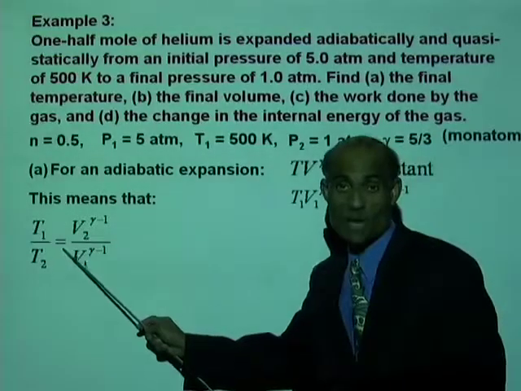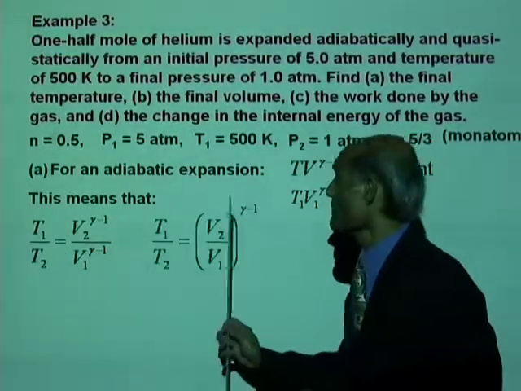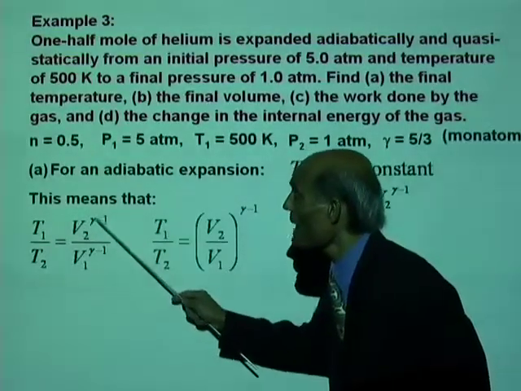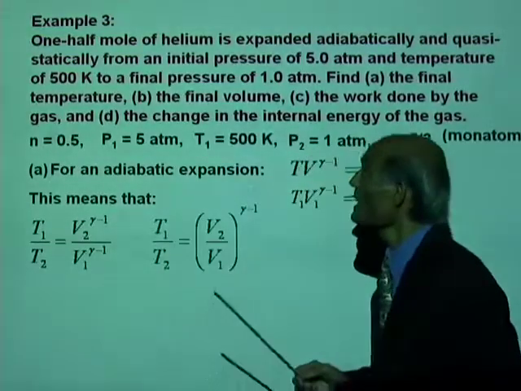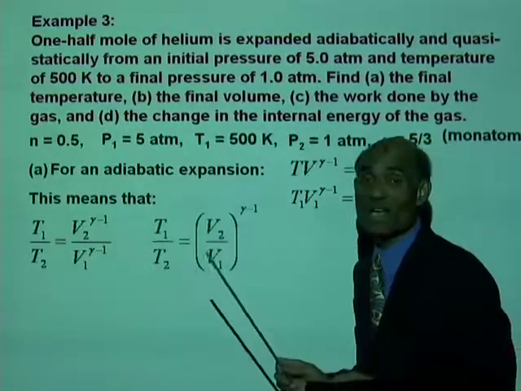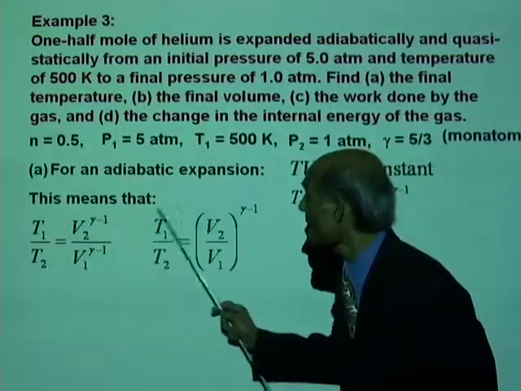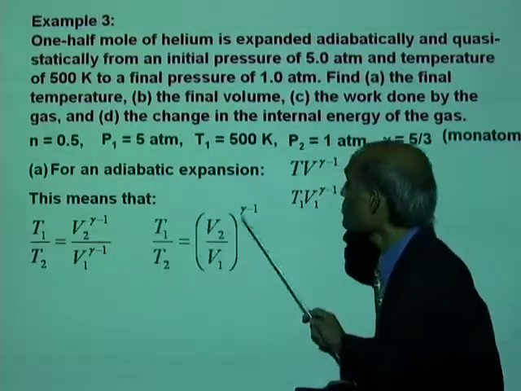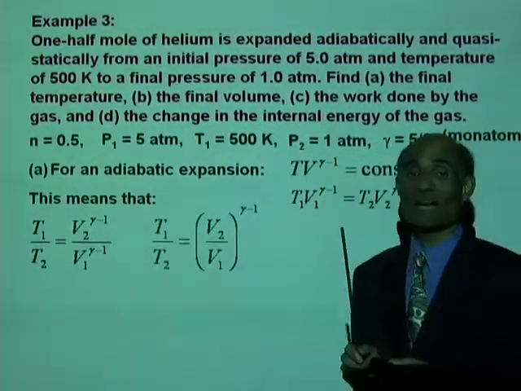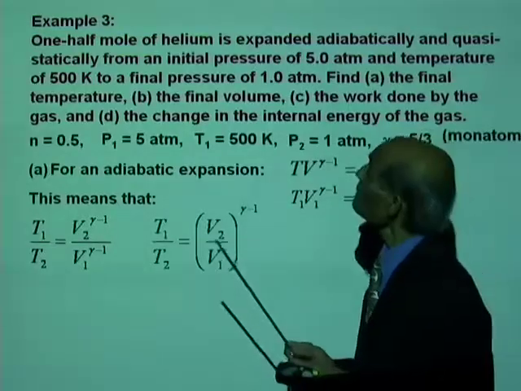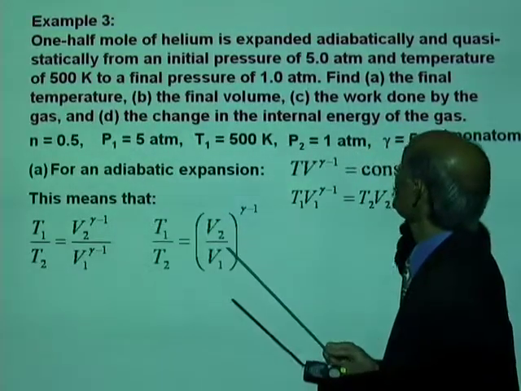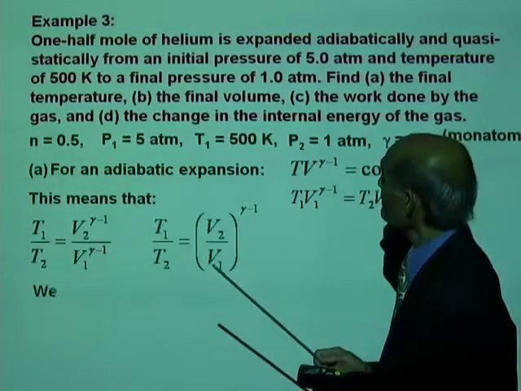That step is okay. Now, because the powers on the numerator and denominator are the same, I can write T1 over T2 as V2 divided by V1 all to the power of gamma minus 1. What are we looking for? Find the final temperature.